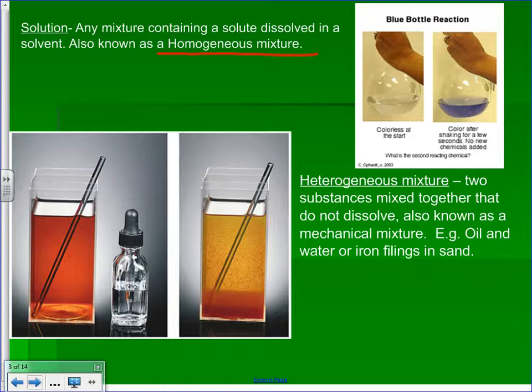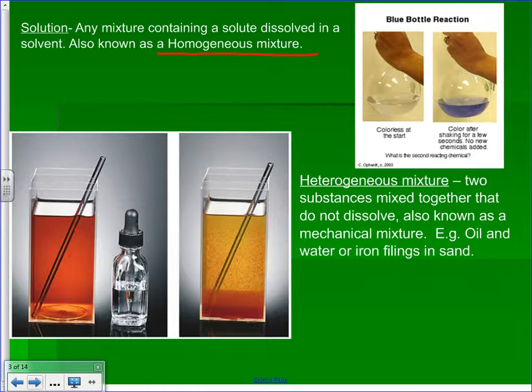So anything that is homogeneous has only one visible part. It is all one unit. It's all the same. Everyone follow me on that one? So this picture here on the left is showing a homogeneous mixture or a solution. It is completely dissolved. We can't see any other parts. Whereas the mixture here on the right is what we call a heterogeneous mixture.